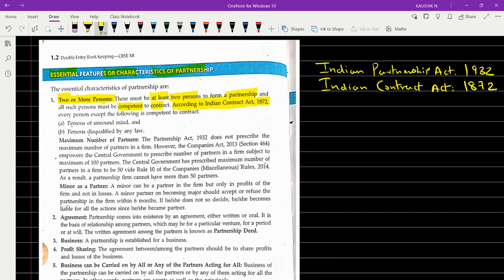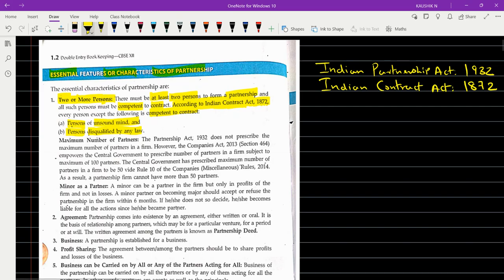According to the Indian Contract Act of 1872, every person except the following is competent to contract. Who are they? A person of unsound mind and a person who has been disqualified by any law.